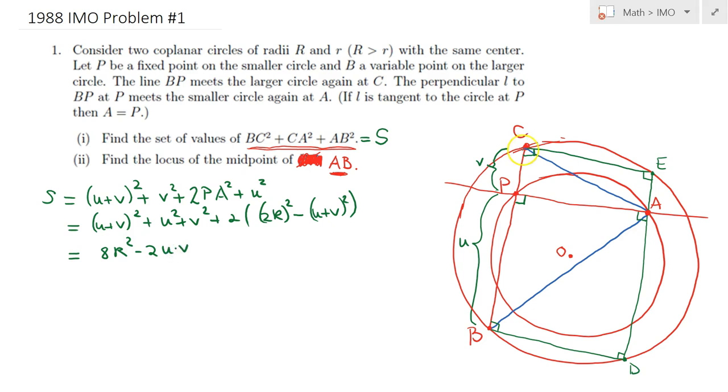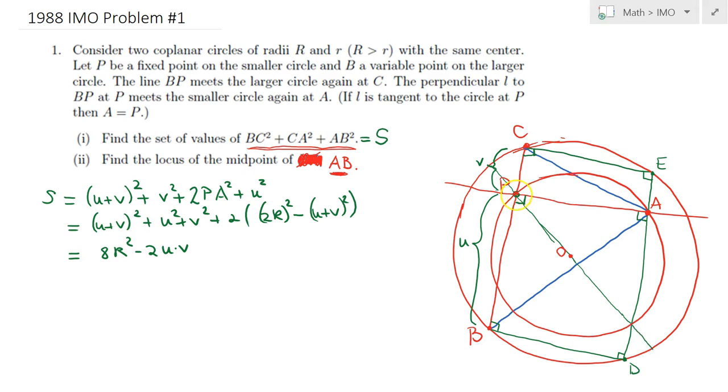So last step, what are U and V? Can I represent U and V in terms of capital R and little r? Yeah, I think I can if I apply power of a point at point P and consider the line which goes through P and O here. I assume because of the rectangular symmetry it will go through that point here, but it wouldn't matter really.